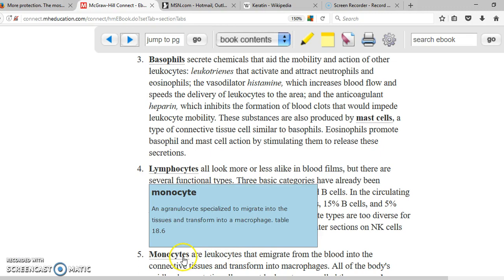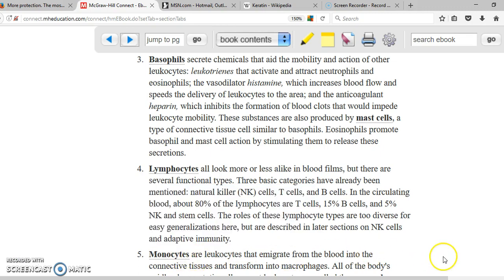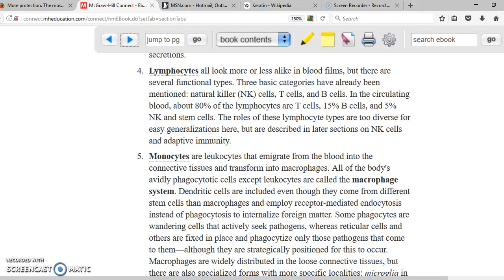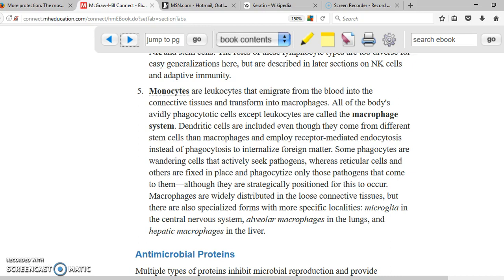The next type of cell that we have right here is monocytes. Monocytes are also very important in the destruction of microorganisms. So monocytes are the ones that you're going to find in the blood, but when they come out of the blood, they're going to turn into macrophages. They go to the area of infection, and in the area of infection, they are going to destroy and phagocytize many things with the purpose of cleaning, if we can put it like that.